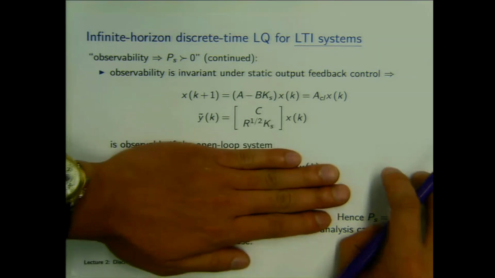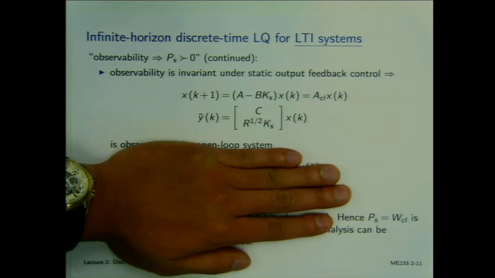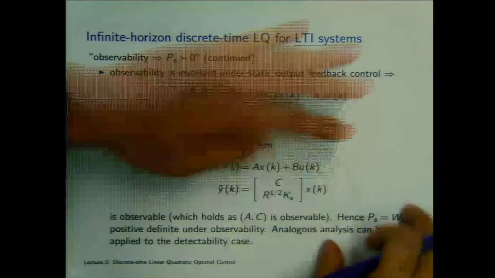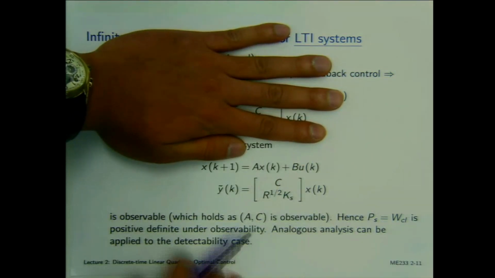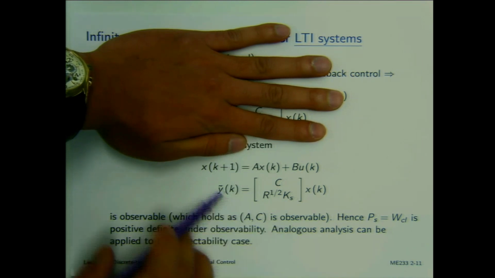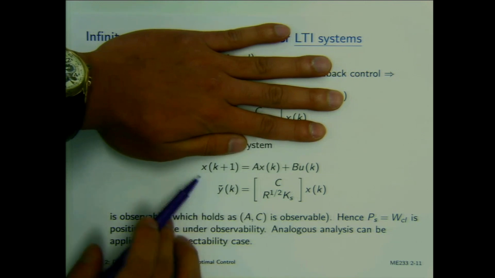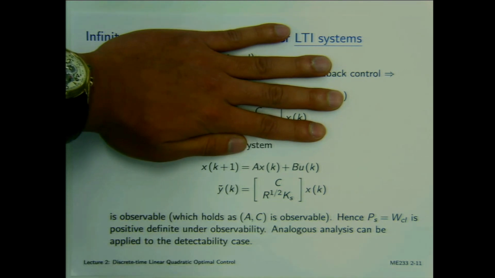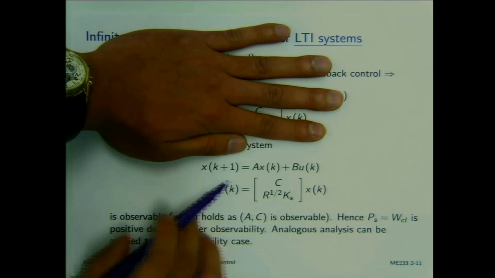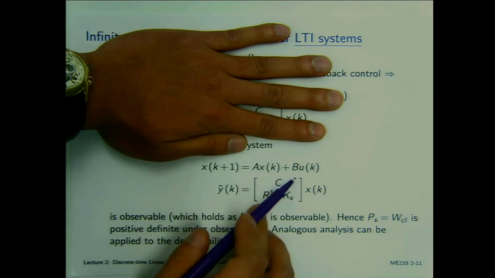Okay. The first thing to look at is this. If the original system, A, C, is observable, I just do one more step and construct this system. Think about it. This system has to be observable because the state dynamics are exactly the same.